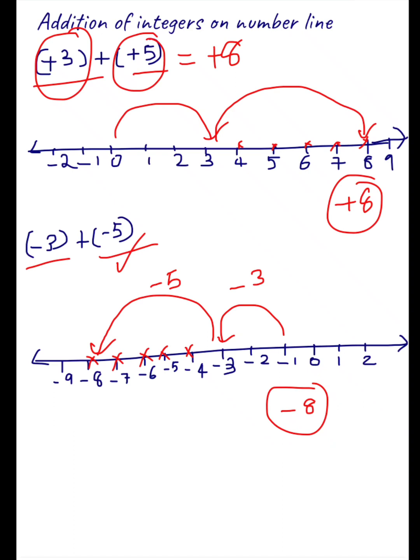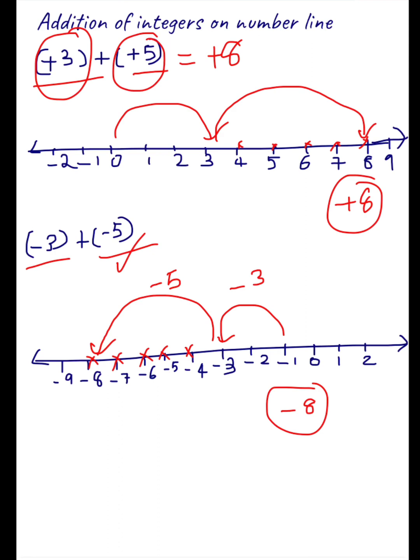The first thing you have to do is represent the first number on the number line. If it's negative it will be towards the left side, and if it's positive it will be towards the right side. So this is about addition of two positive integers and addition of two negative integers.